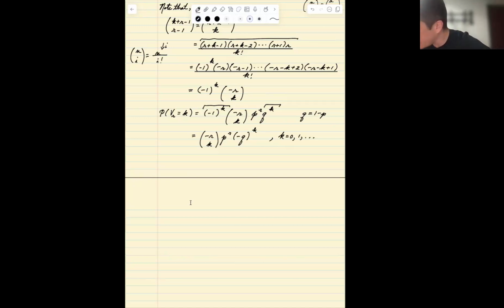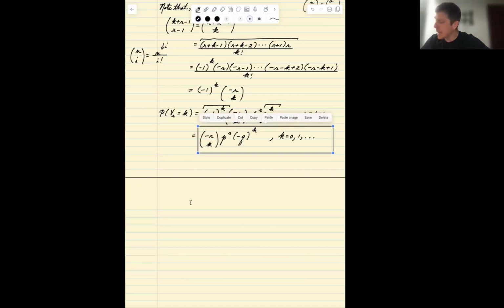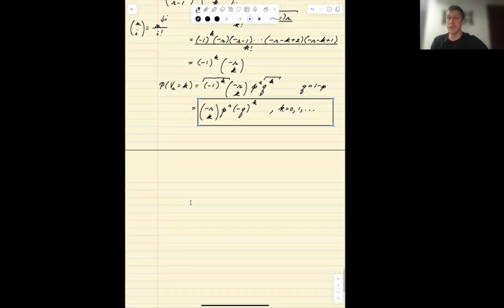There's three different ways to write it, and that's where the negative binomial name comes from. It's just good to know the different parameterizations and different ways to read this because different books will parameterize it differently, and they might not say exactly what they're doing or how to interpret it. So it's important to understand where it comes from.